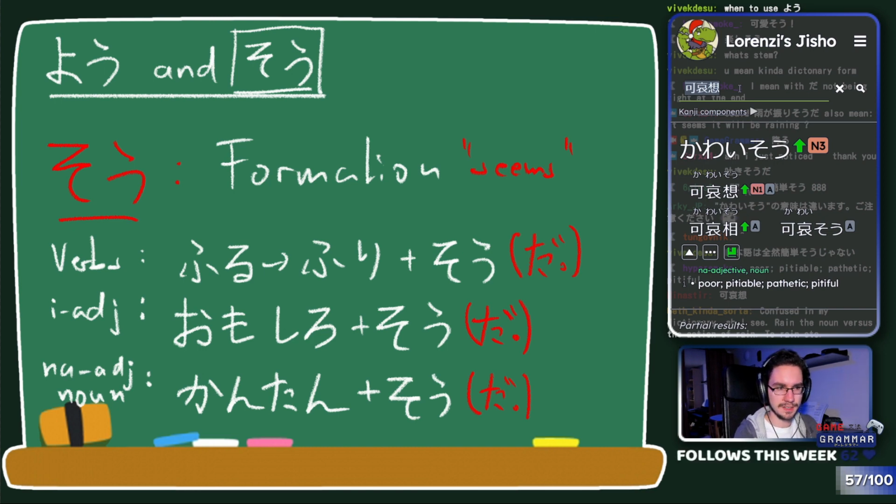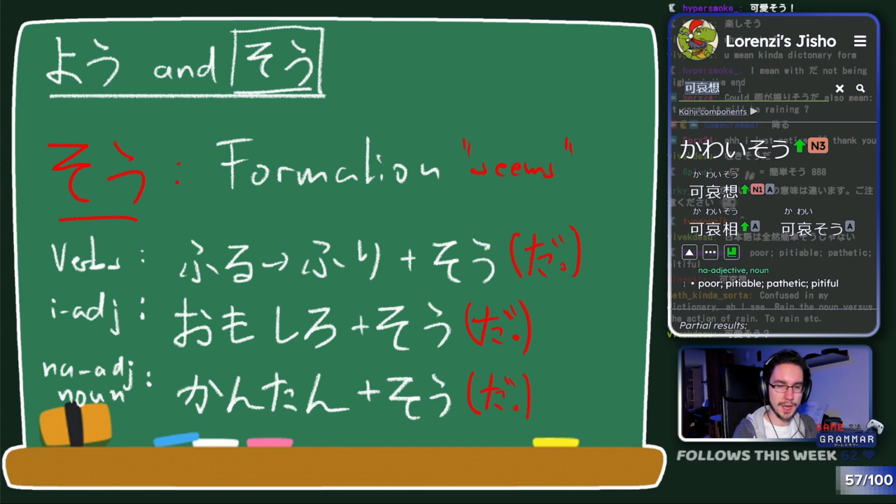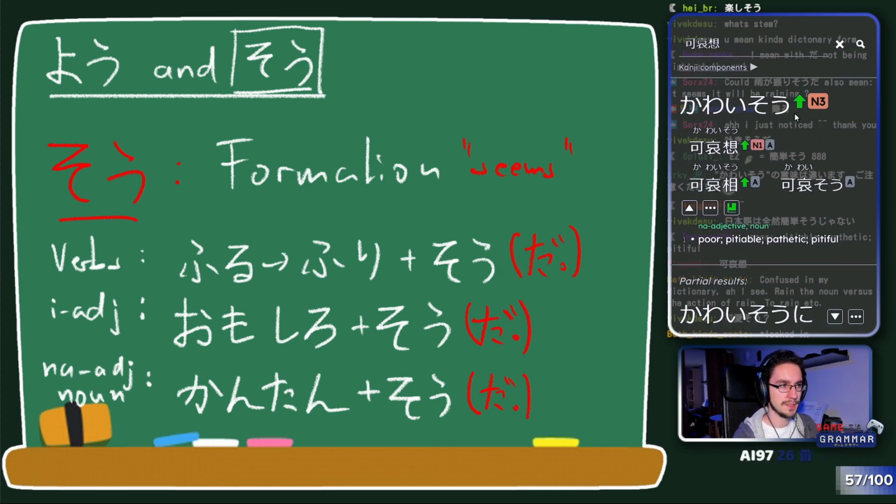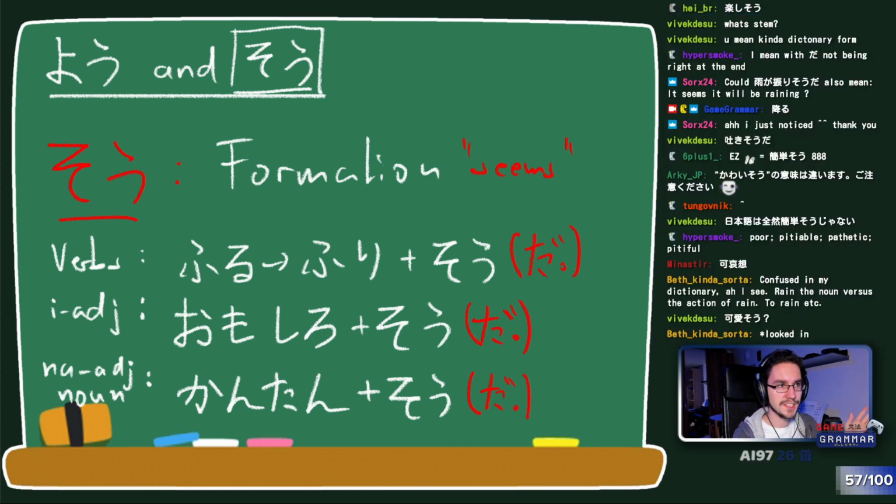That can clear up the confusion. If you say kawaisou, it's a bit confusing. That's why people tend to avoid kawaisou in its kawaii meaning, so that it keeps the poor, pitiable meaning most of the time. It does exist. Grammatically speaking, it's fine, but it's just not really used because it's too confusing.